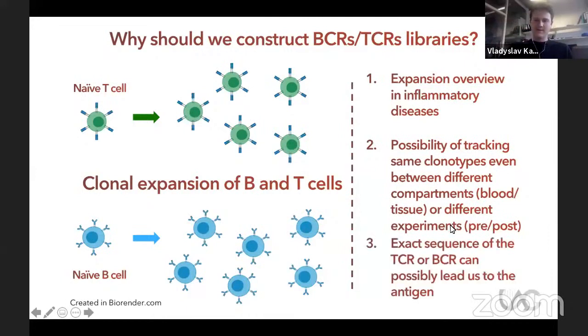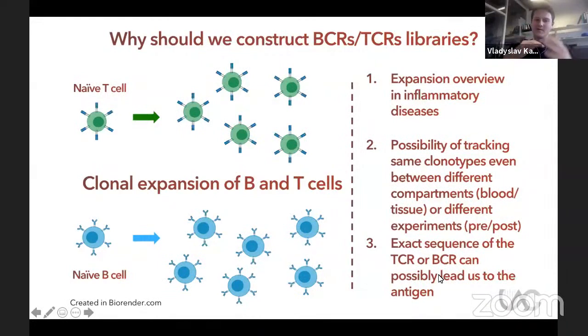And the next thing that may be happening in the future is that the sequence of the T cell receptor and the B cell receptor may possibly lead us to the antigen that it is binding. As you may know, proteomics is really very complicated, and to model the appearance of this TCR and BCR takes a really great effort for computational scientists.